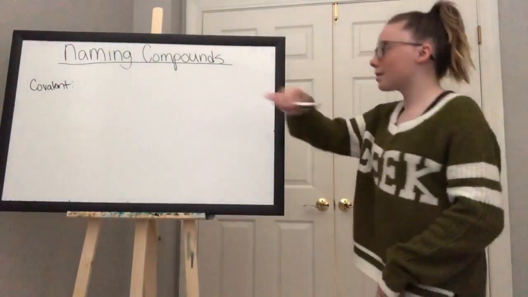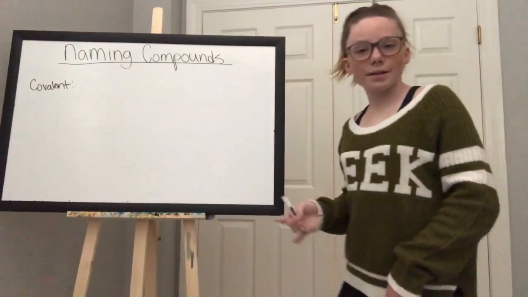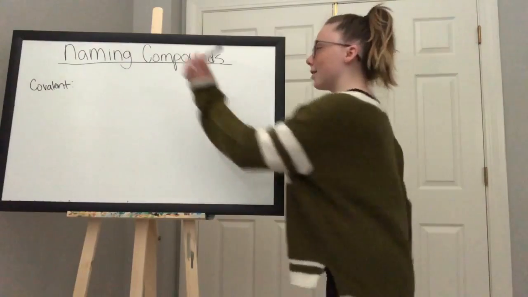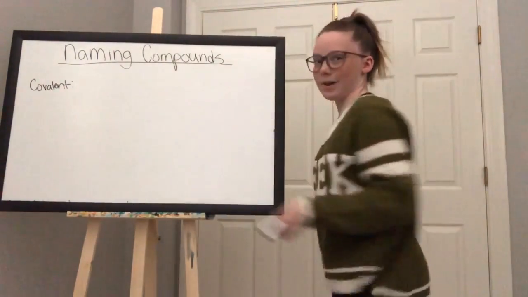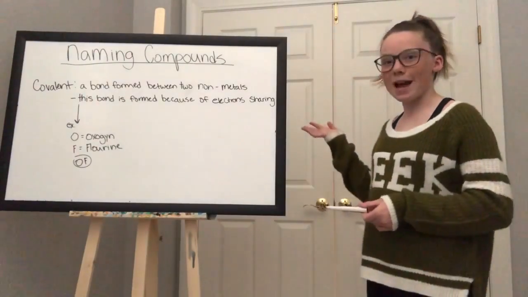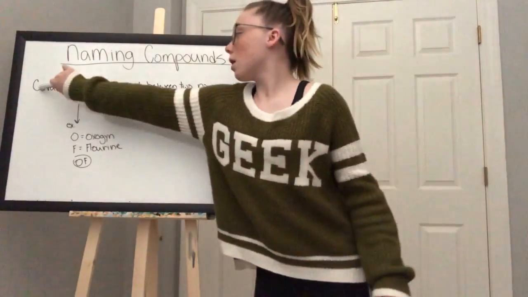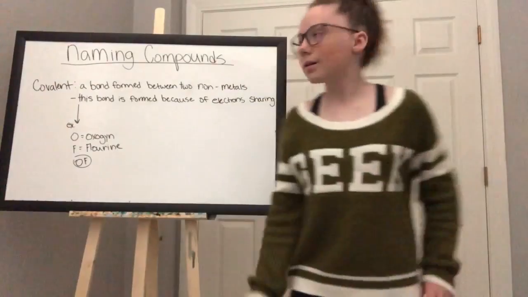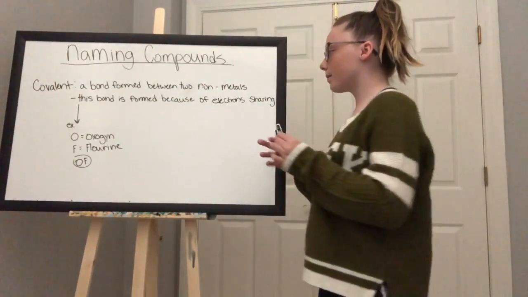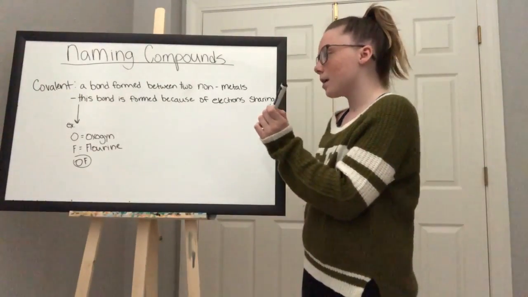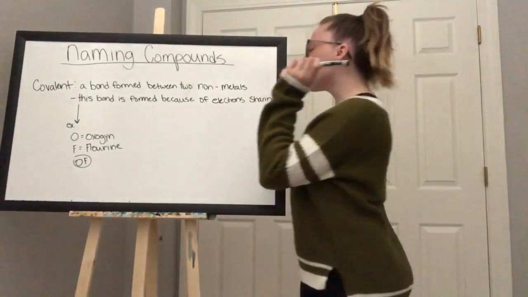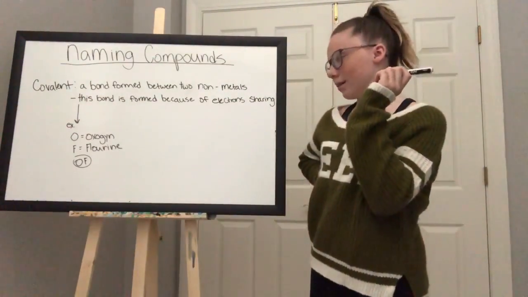Next is a covalent compound, though that's not what we're here to learn today. We're learning naming compounds, not types of compounds. Okay, let me explain what we have on the board. A covalent compound is a bond formed between two nonmetals, and this bond is formed because of electron sharing.